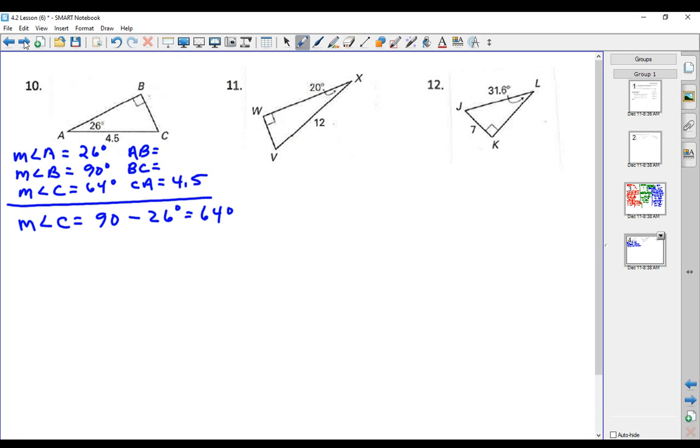Now, in terms of that angle A, the 26-degree angle, BC is the opposite side, AB is the adjacent side, and AC is the hypotenuse. So let's go back to our SOHCAHTOA.